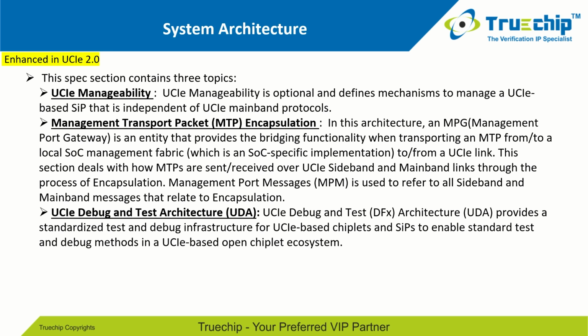The management port messages refer to all the sideband and mainband messages that relate to encapsulation. The third one is UCIe debug and test architecture. It provides a standardized test and debug infrastructure for UCIe based chiplets and system in packages, to enable standard test and debug methods in a UCIe based open chiplet ecosystem.